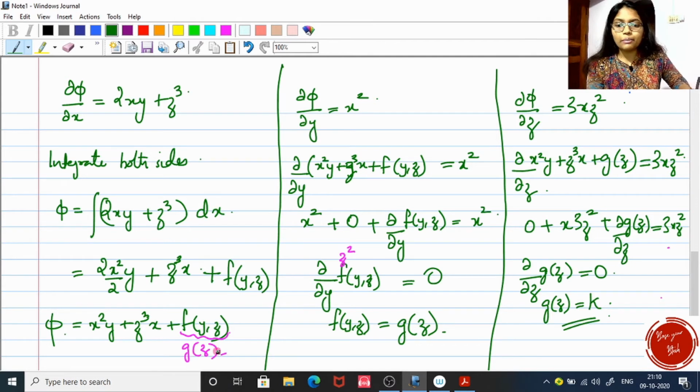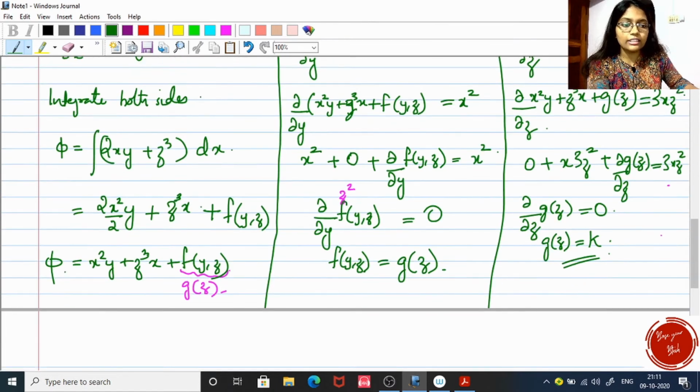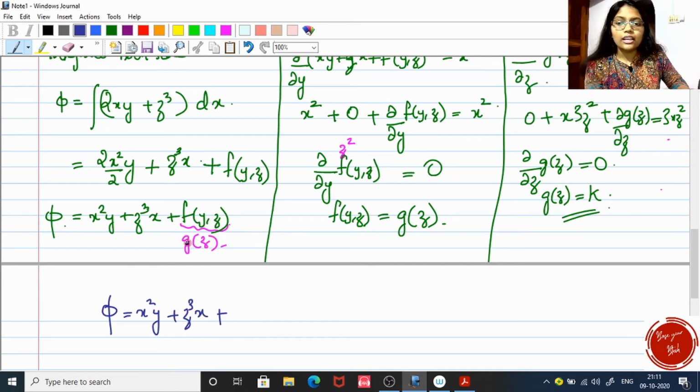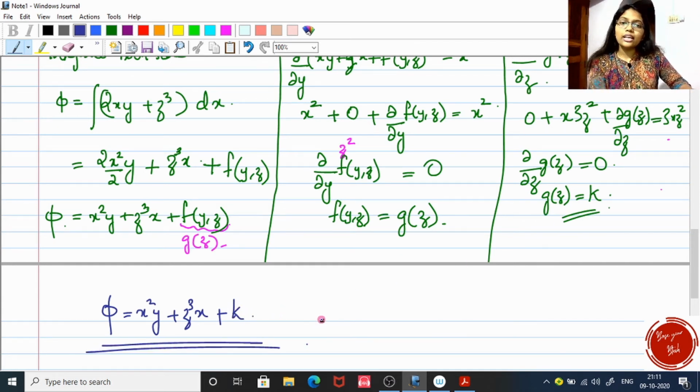So let's replace g of z with k. The final scalar potential answer is phi equal to x square y plus z cube x plus g of z. Instead of g of z we must write a number k. So this is your scalar potential of the vector f. Fine.